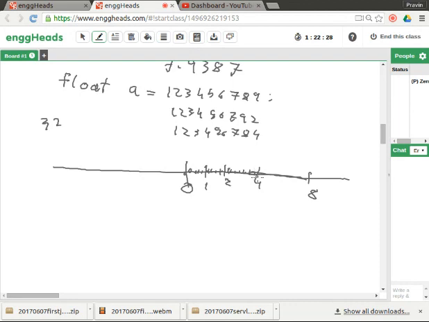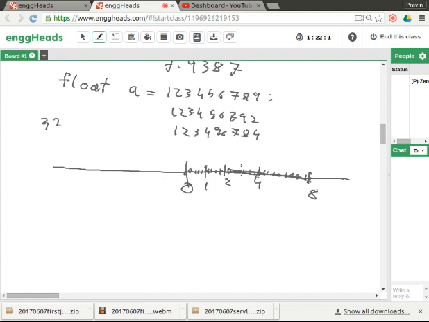Between 4 and 8, how many different positions can I take? That's exactly the same number of positions which I have between 2 and 4. There are definite points which are representable. In between, everything can't be represented, but there are infinite numbers otherwise. That's how that exponential thing is running.